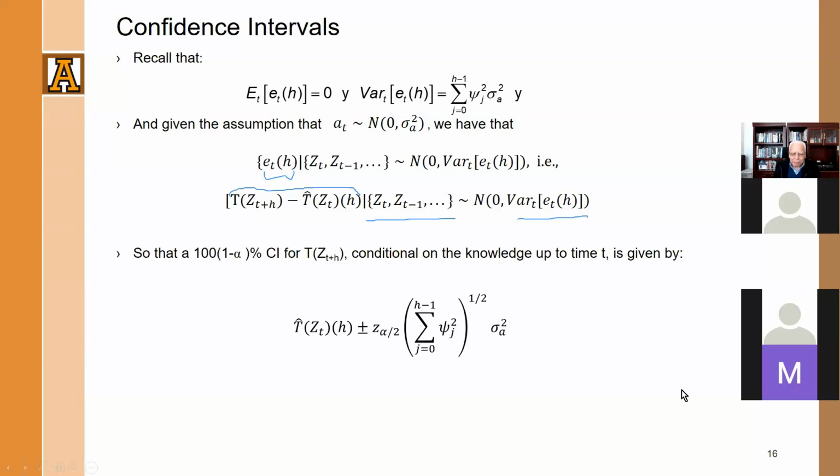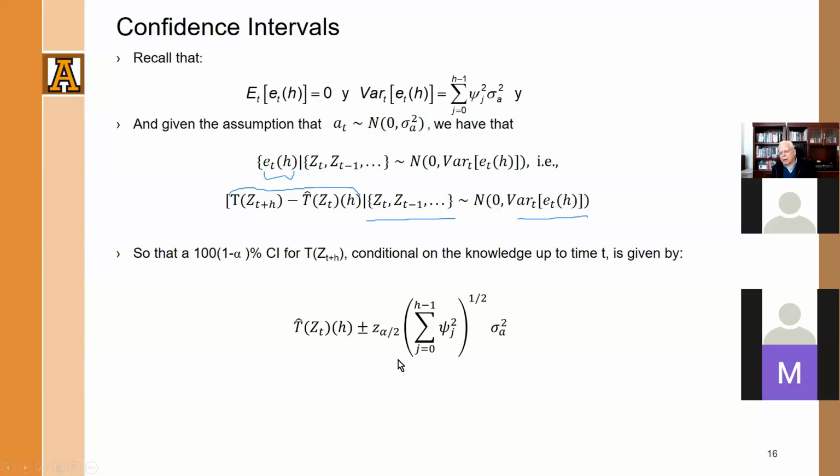So if we want to build, under this assumption of normality, a 100 times (1 minus alpha) percent confidence interval for the true value of Z_{t+h}, we can compute that using the percentiles from the normal distribution.